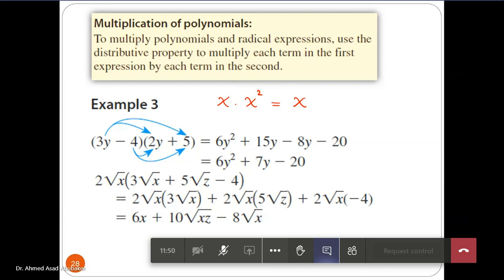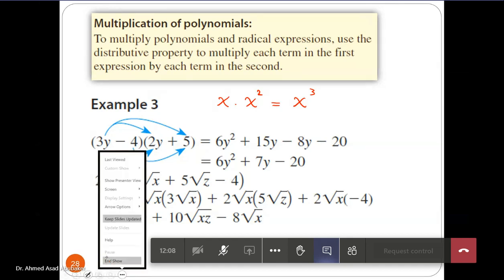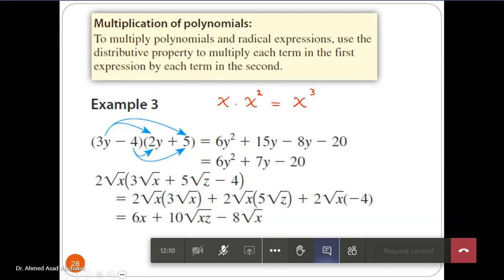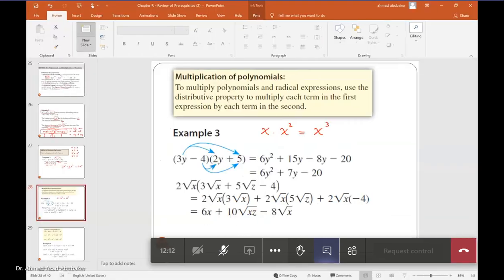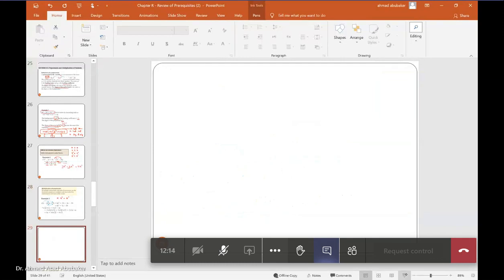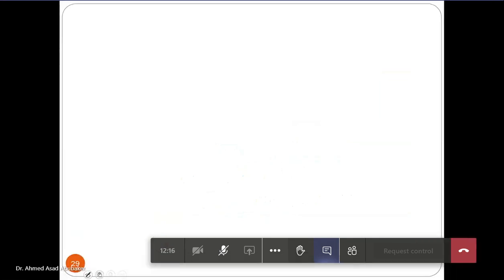So we have 1 plus 2, the new exponent equals 3, x to the power 3. Okay? Now, look at this. I put it in a new slide. This is already solved, you have the solution. A new question in multiplication.